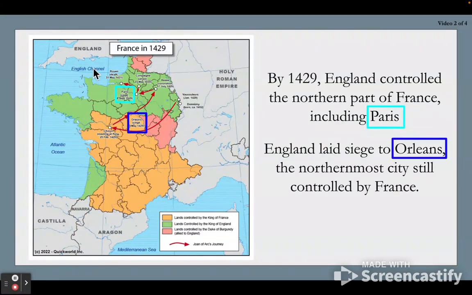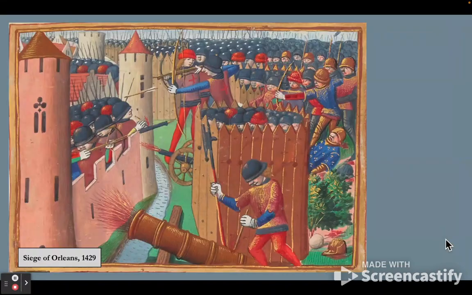England's goal is for this entire area to be green by the end of the war. France's goal is to keep it orange, keep it in their control, and start chipping away at what England has taken over. This image is a primary source.